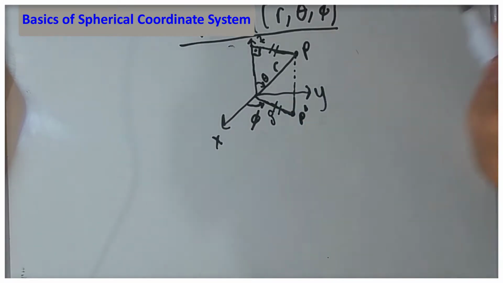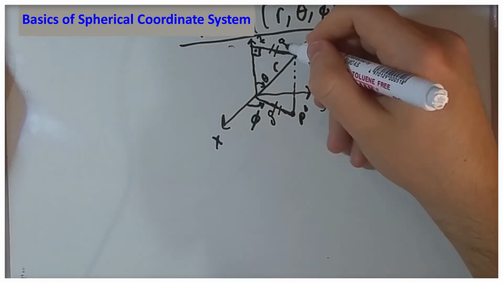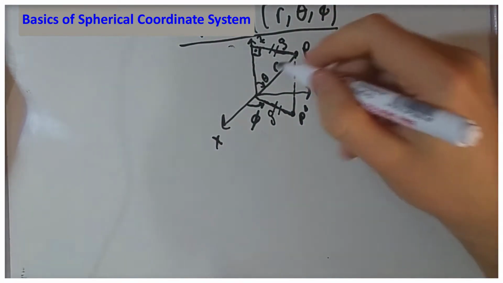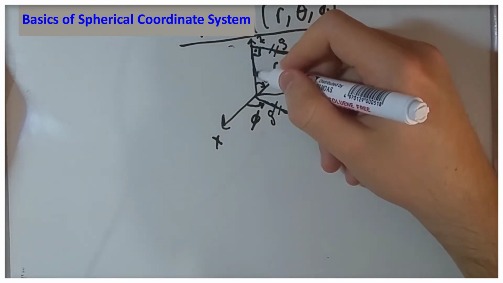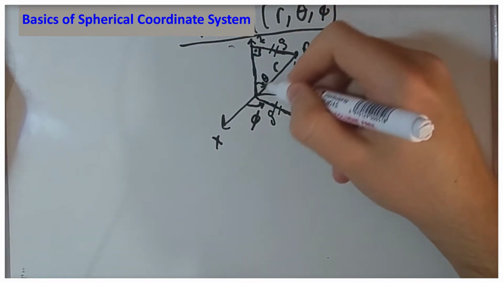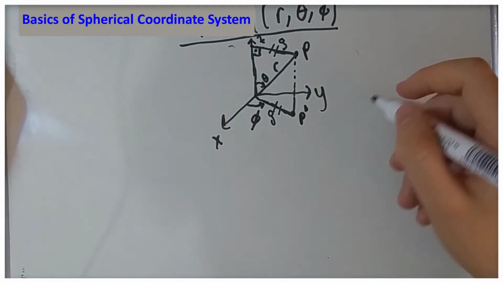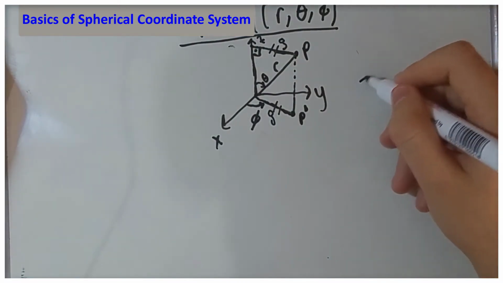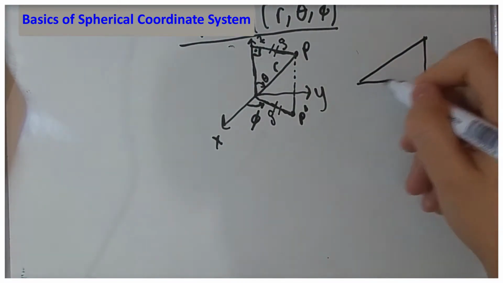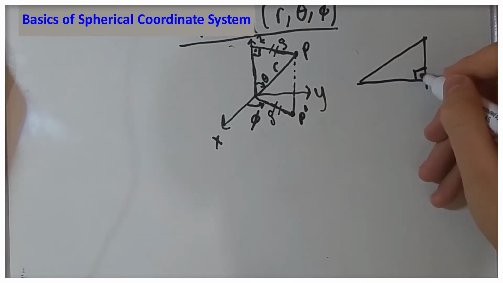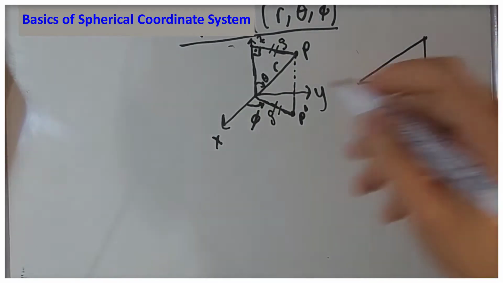So this and that are equal, friends. Then that is rho. Now a question for you guys. You can see the right triangle with the hypotenuse r here. Let my perpendicular length be z, the other perpendicular length be rho, and my hypotenuse is r.